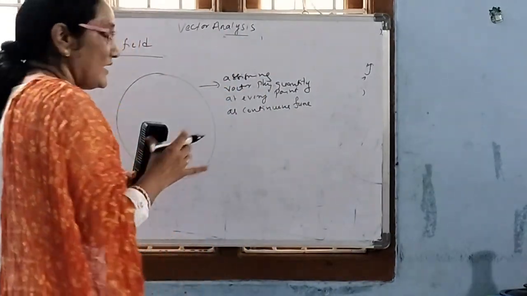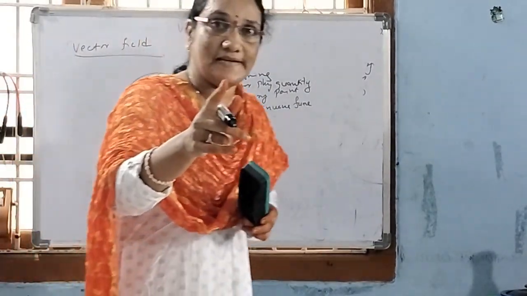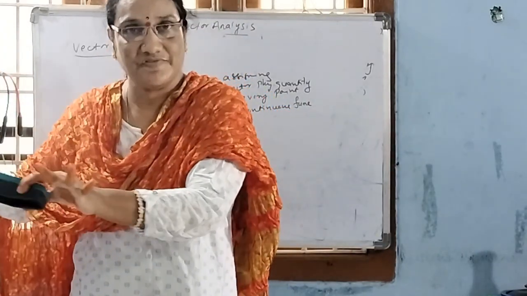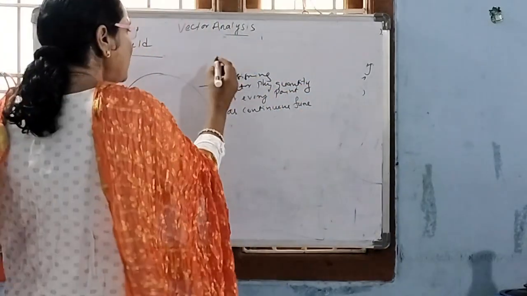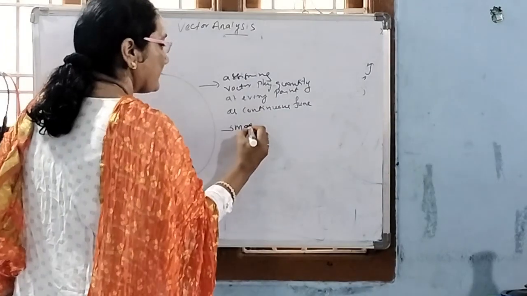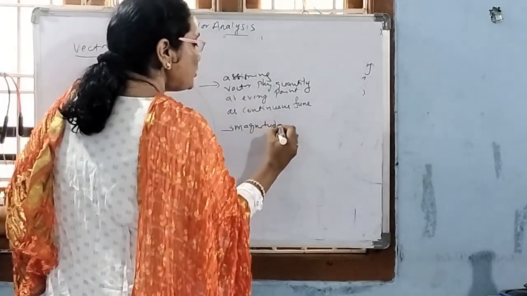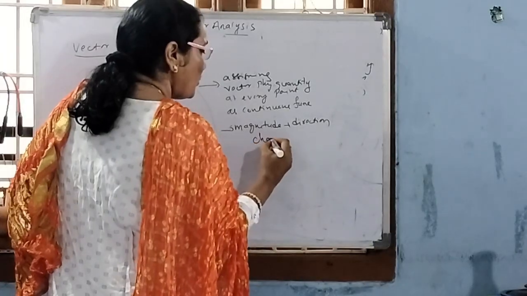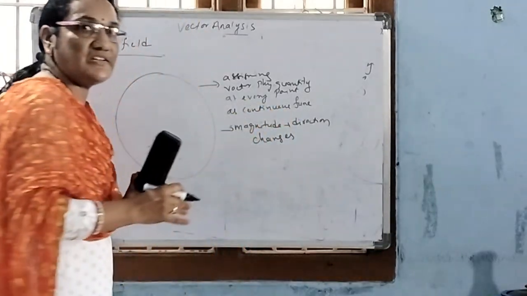Now here, in a scalar field we said that the magnitude remains the same at each and every point on a particular surface. But here, the magnitude as well as direction both change from point to point.